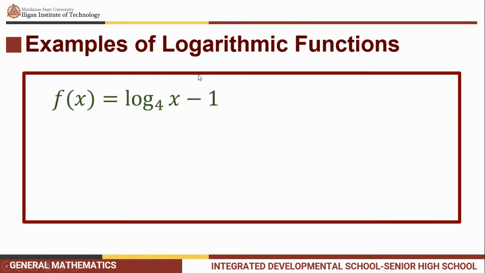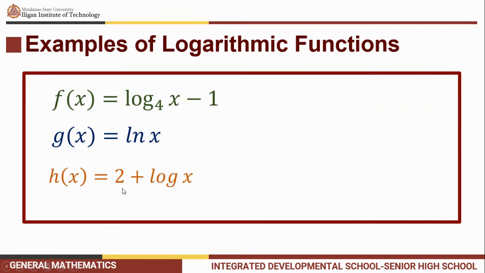Function f, which is equal to log with base 4 of x minus 1. Function g, which is equal to ln of x, or what we consider as natural logarithmic function. Function h, which is equal to 2 plus log of x, wherein this is considered as common logarithm, because there is no base written here, so it is assumed that our base equals 10.